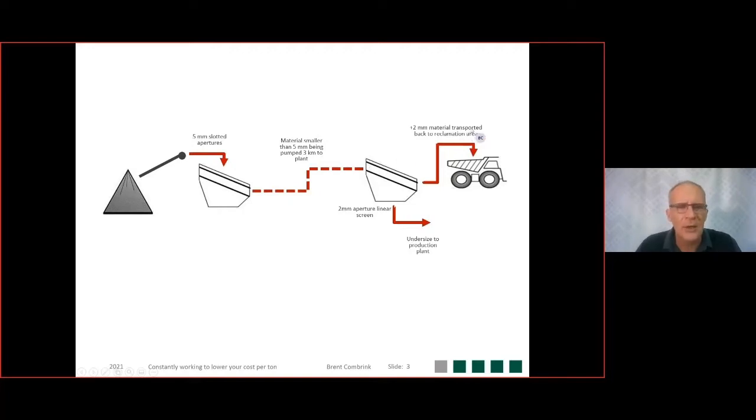So why am I showing you? What has this got to do with the topic of this webinar? The fact is they saved 75,000 Rand per month by cancelling the truck contractor for trucking the material away because there wasn't any material to truck away anymore. And it was just because of a simple observation.